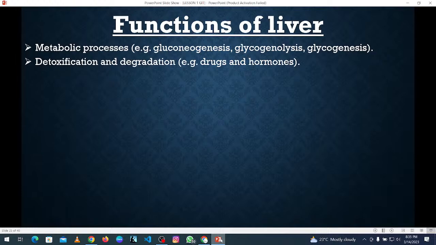When you take milk and sugar together, alcohol is normally processed in our liver, and it goes to the brain.